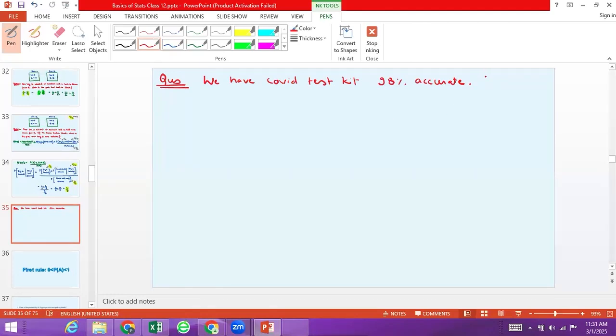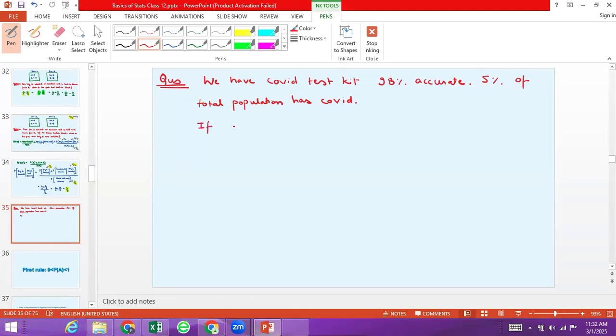And let's assume that at a given time, 5% of India's population has COVID. So we have a COVID testing kit which is 98% accurate, and at any given point, 5% of the total population has COVID.